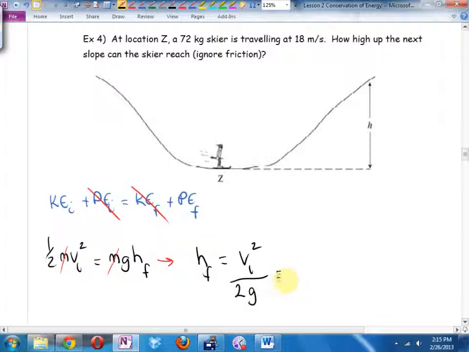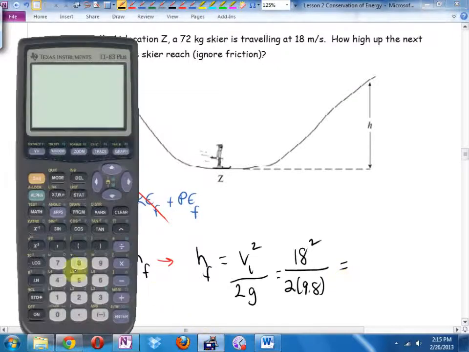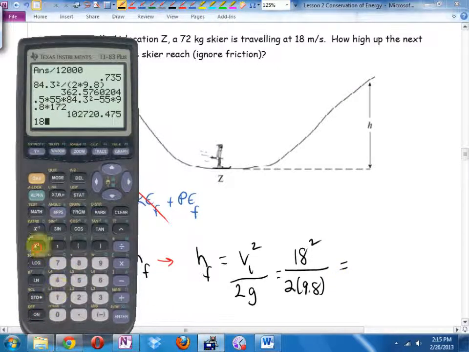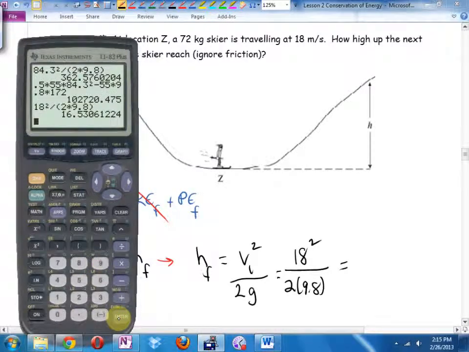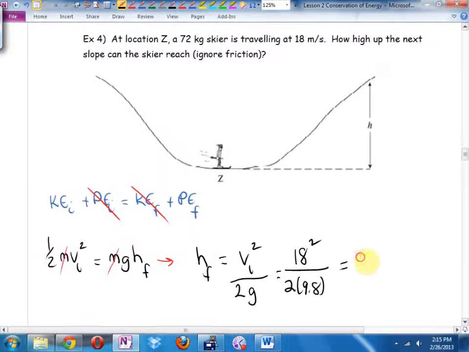What was V initial? 18 squared all over 2 times 9.8. Oh, by the way, make sure you notice there's 2 numbers in the denominator, so put the whole thing in brackets. About 16.5 meters up.